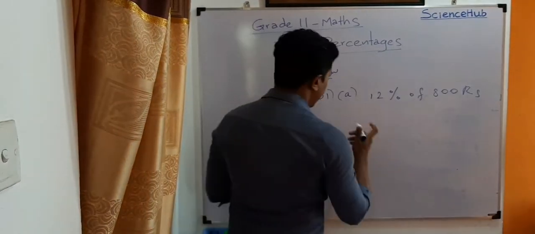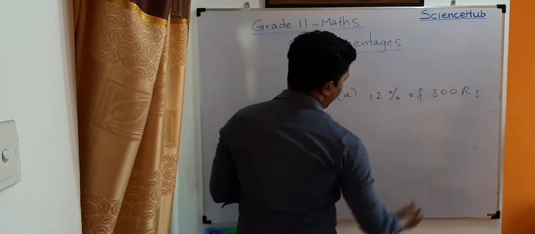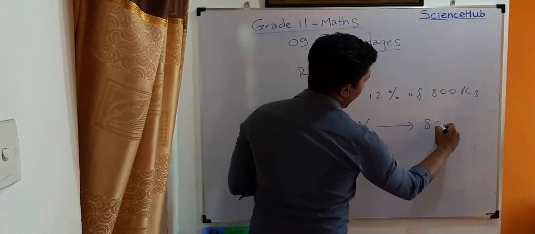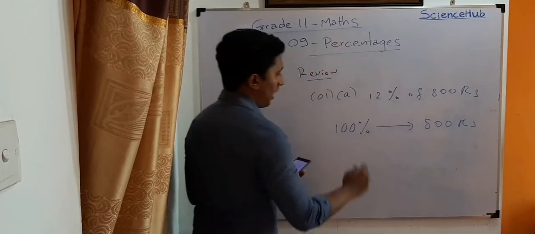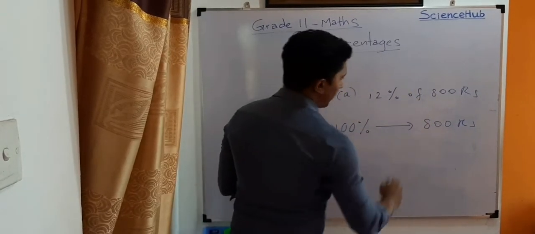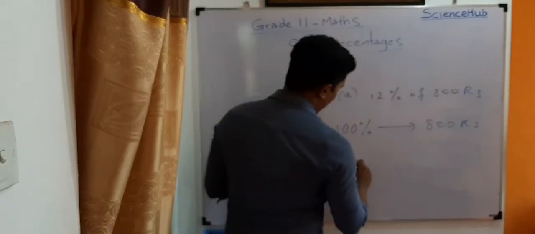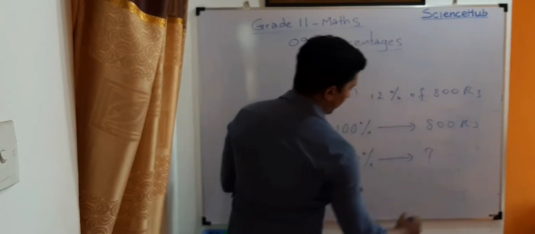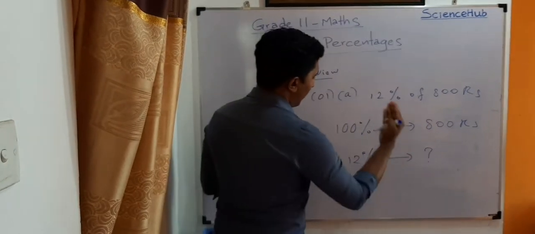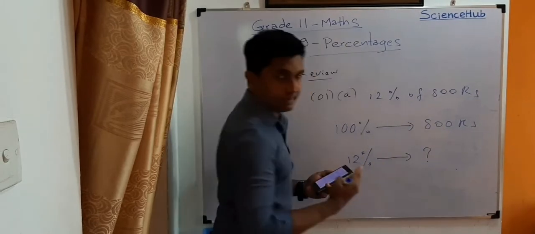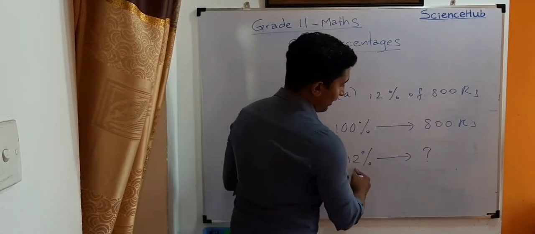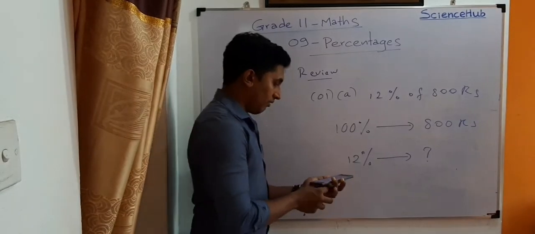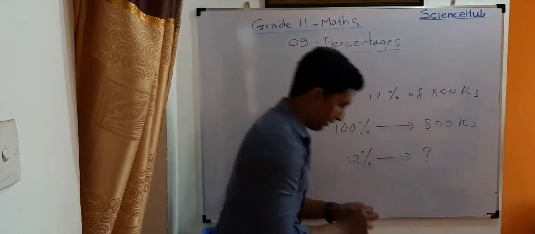12% of 800 rupees means 100% should be equal to 800 rupees, and they ask what the portion of 12% is. If 100% is equal to 800 rupees, then what is the portion for 12%? Now here we have a short method.